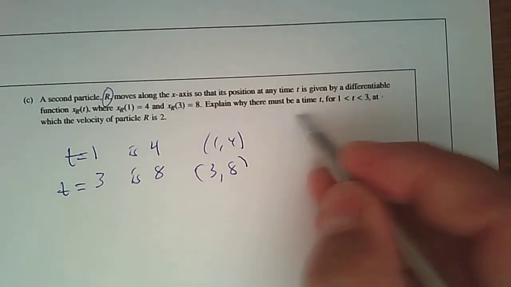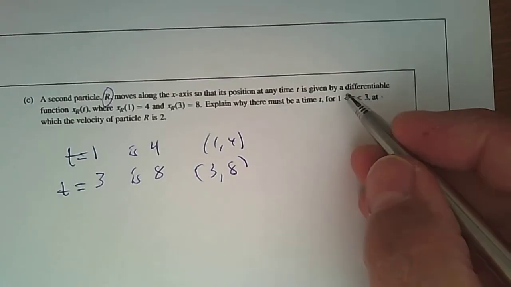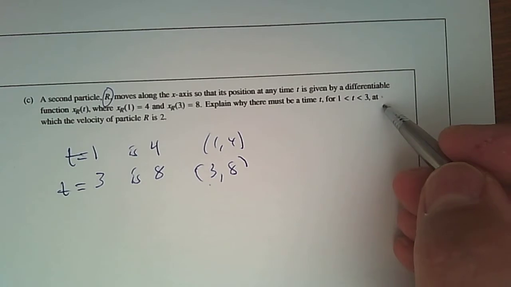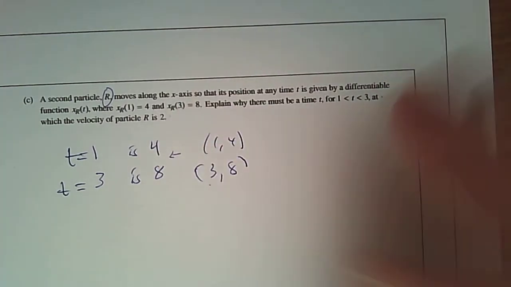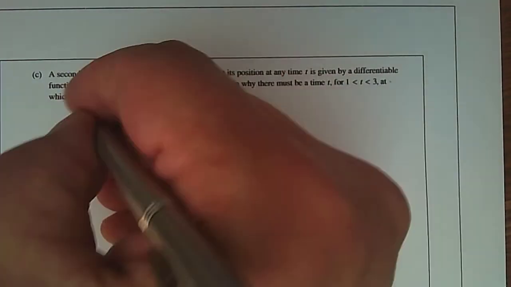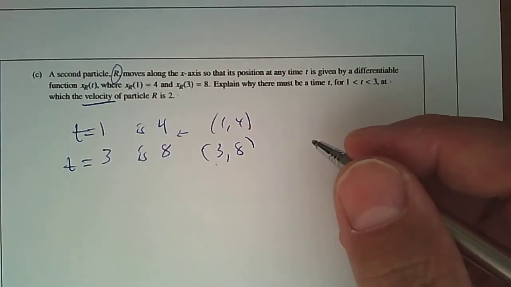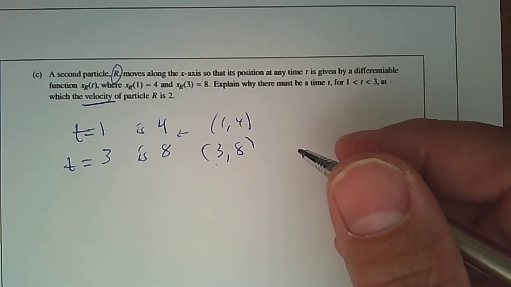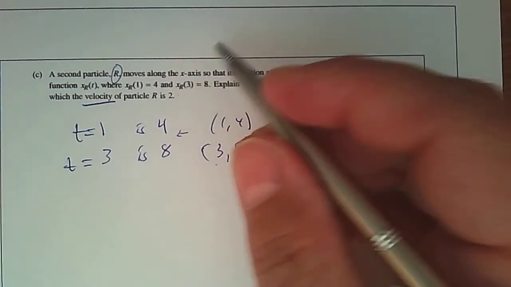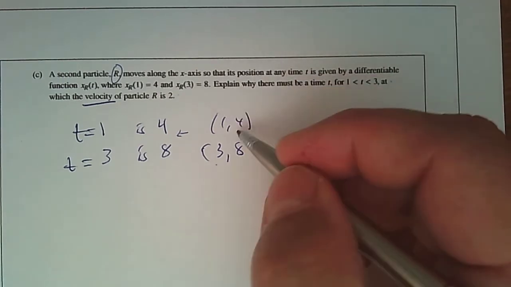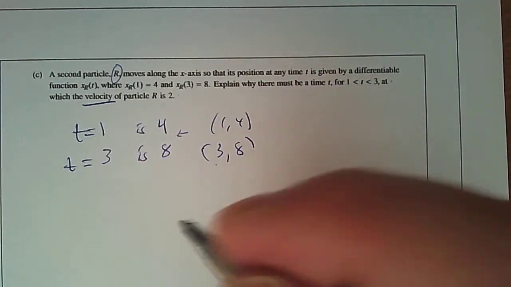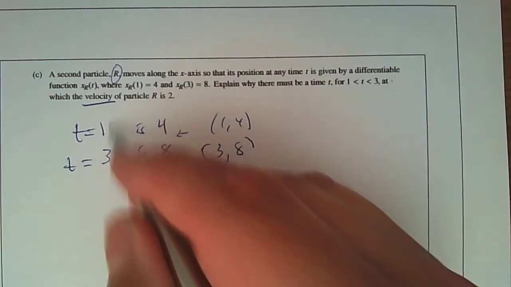So then explain why there must be a time t between 1 and 3 at which the velocity is 2. In order to understand that, velocity has to do with the derivative or slope. Now, we can't take the derivative in terms of equation or a calculator, but we can do just basic algebra. So what is the slope from 1 to 3?